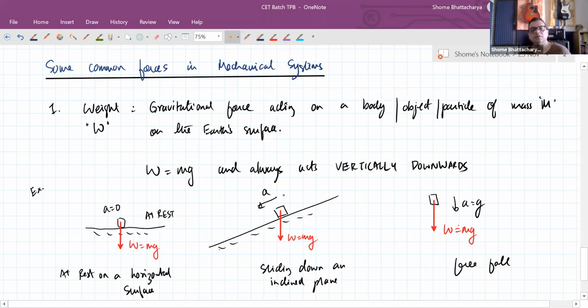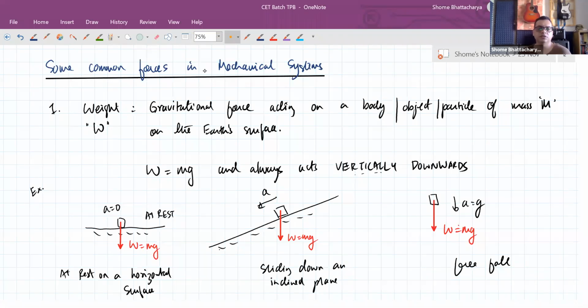In this case, it has some kind of an acceleration down the incline. In this case, it has an acceleration which is equal to g because it's in free fall. But as far as the weight is concerned, that is not affected. That is not a force affected by the situation of the block. Whether it is in the first situation, second or third or any other situation, the weight will always invariably be a force which is vertically downwards and of magnitude mg.